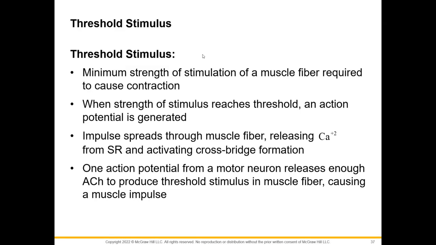One action potential from a motor neuron releases enough acetylcholine to produce threshold stimulus in muscle fibers, causing a muscle impulse. Now, once we get into nervous system, we'll talk a lot more about threshold and action potentials.